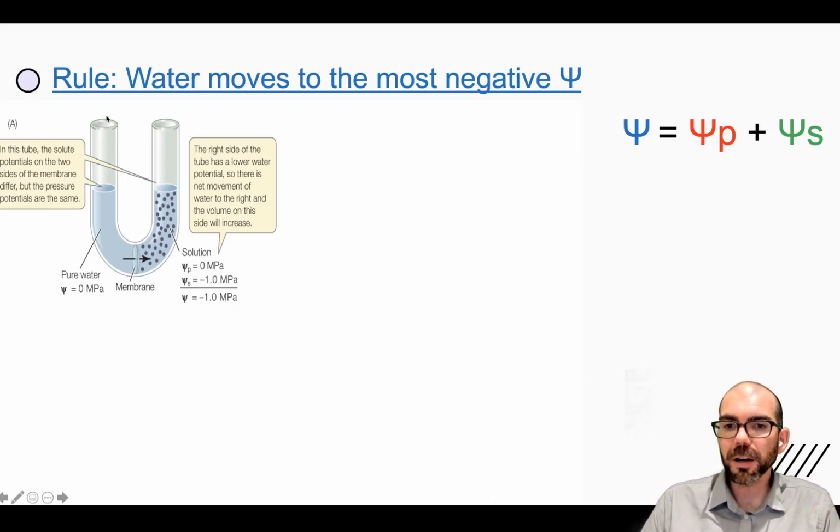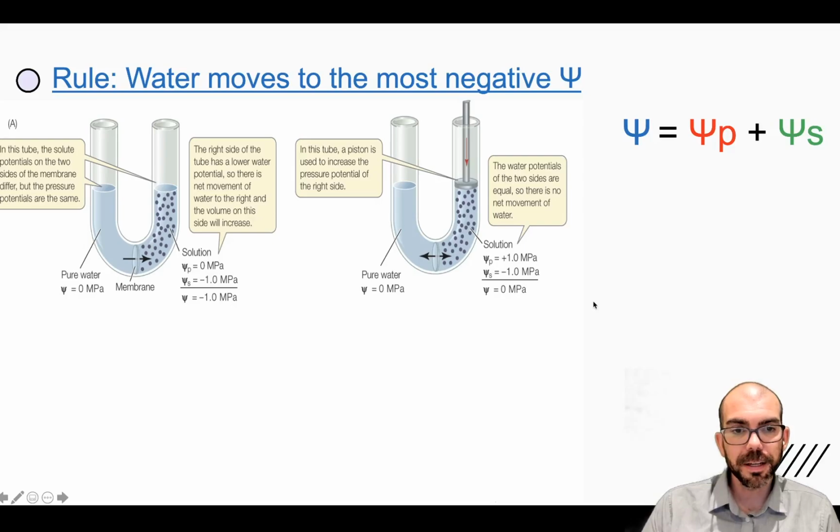So in this example, which is similar to the last problem but there's no pressure, on the left-hand side I have a water potential of 0, and on the right-hand side a water potential of -1. What happens in this system is water moves to the right-hand side. There will be a net movement of water to where there is a negative water potential until the system reaches equilibrium.